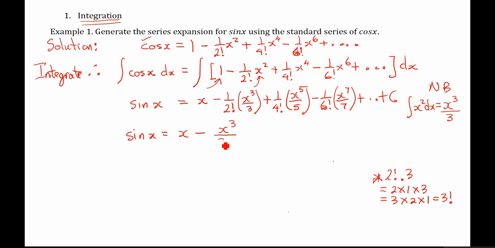So this fraction can be written as 3 factorial. And in a similar pattern, I can get x to the power 5 over 5 factorial minus x to the power 7 over 7 factorial, and there I have generated the sine series. How did I do that? By integration.